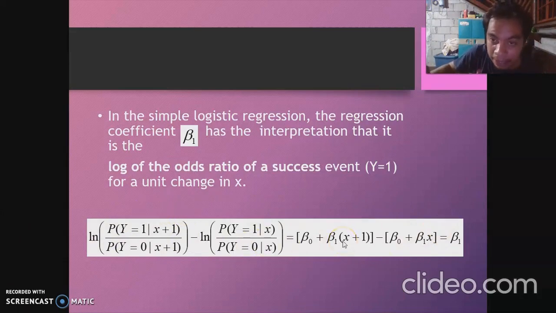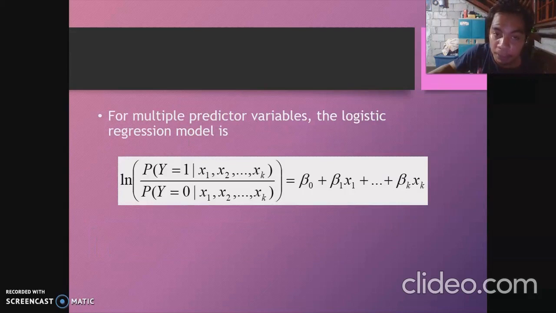So, i-identify lang po yung result, yung variable ni y, para po malaman nyo din po yung value ni x. Okay. Kasi nga po, binary lang. So, two numbers. Pero kung multi-predictor variables naman po, ito po yung magiging formula niya.